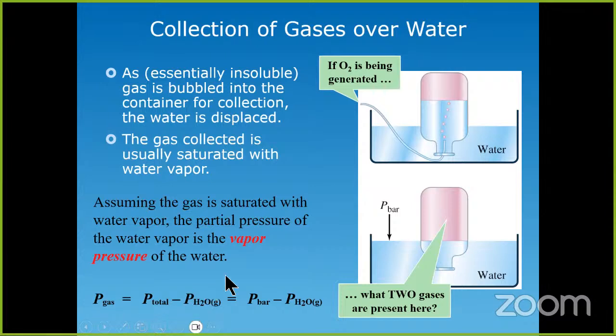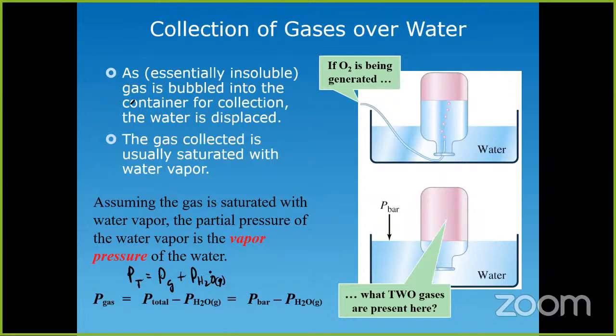In fact, let me include an initial equation which should be here, and that is that P total, which is the total pressure of the gaseous mixture, would be equal to the pressure of the gas that is collected plus the vapor pressure exerted by the water gas that is collected as well, right?